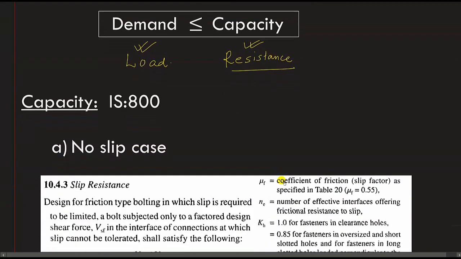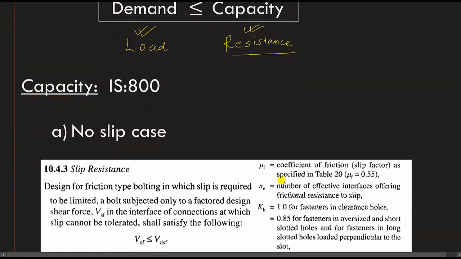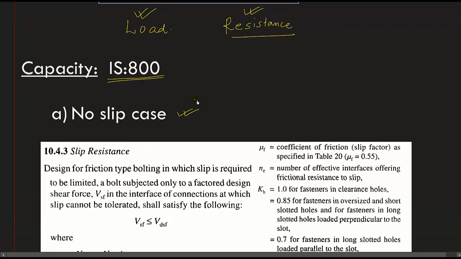We can find capacity using the code, and in the Indian scenario we use IS 800 to find this capacity. So let us find the capacity of this bolt. Two conditions we have to consider. One is the slip condition, another is the condition when there is no slip, and we have an HSFG bolt. So let us first consider finding the capacity of an HSFG bolt when there is no slip.